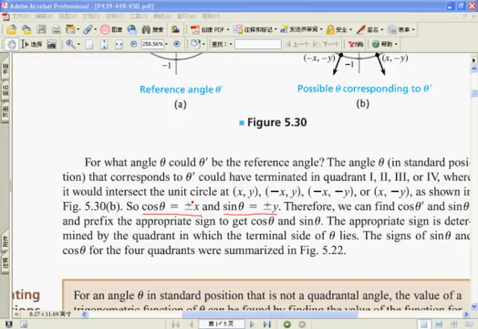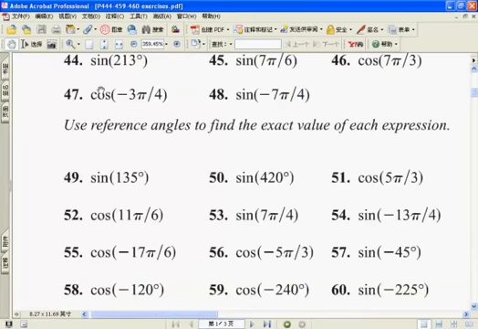So now let's look at some examples to see how we use the reference angle and also the position of the angle to find the values of the sine and cosine. So let's look at problem 50 on page 444. Use reference angles to find the exact value of each expression.